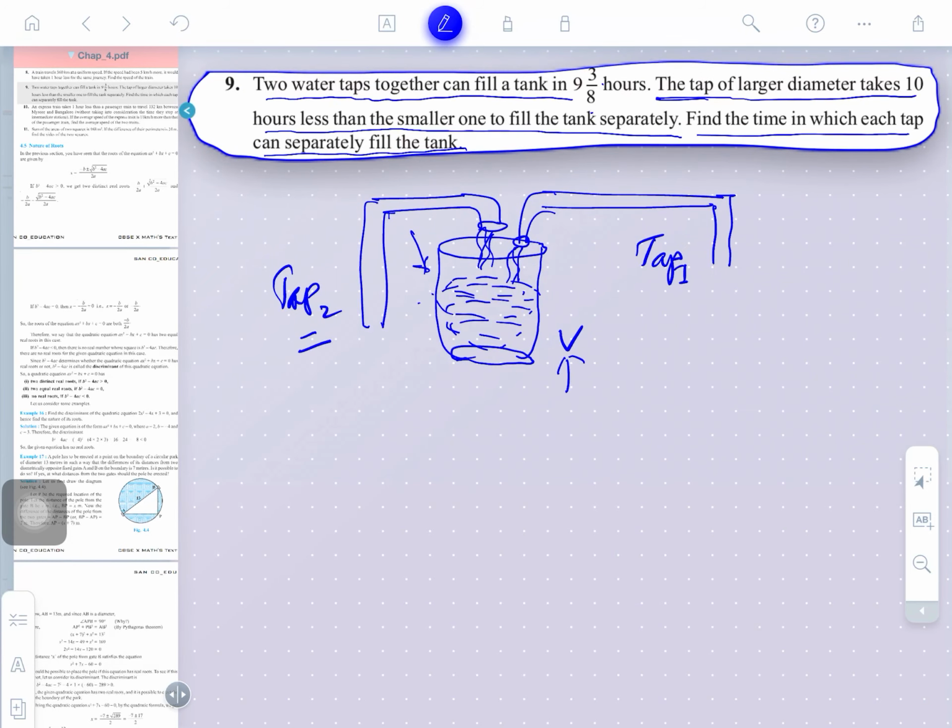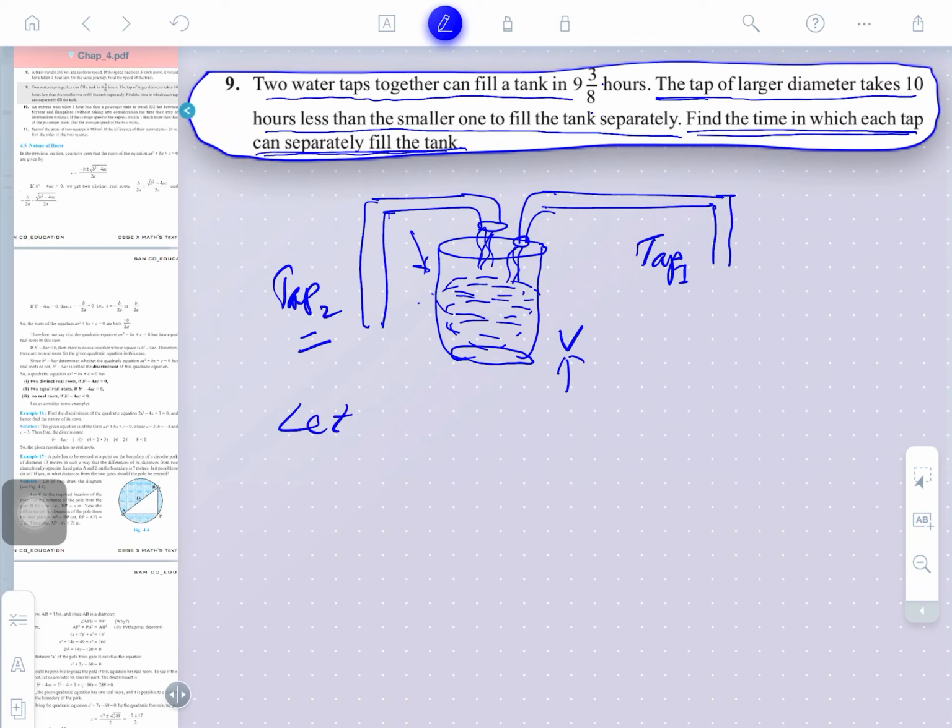Is that clear? So power is what? How much water, how much work, how much performance in 1 second, 1 minute, 1 hour is done by them. This is called power. Okay. So your last line will give the hint: find the time in which each tap can separately fill the tank.